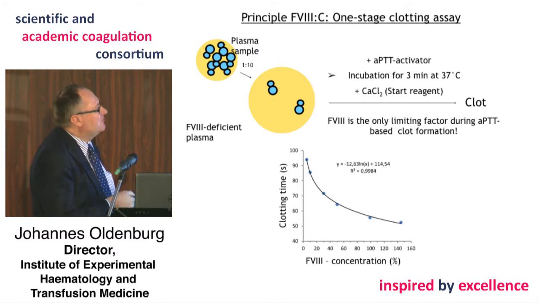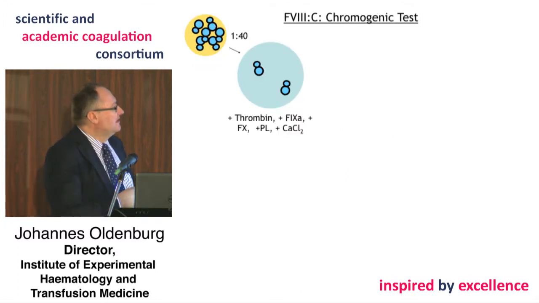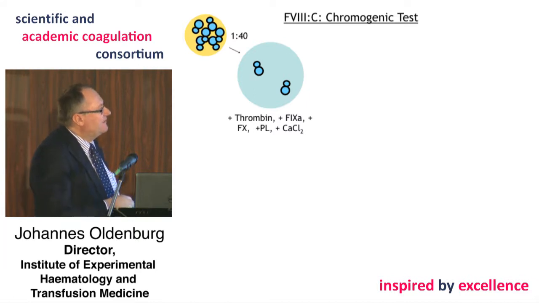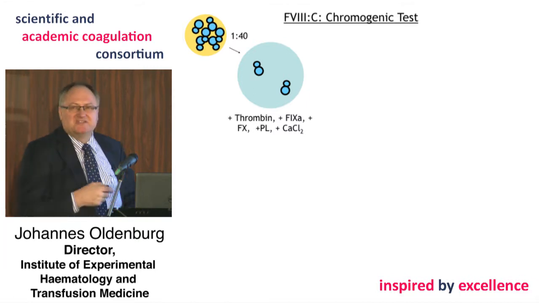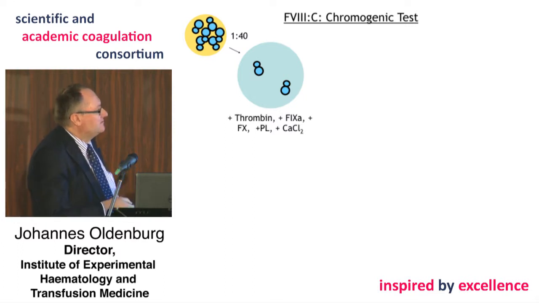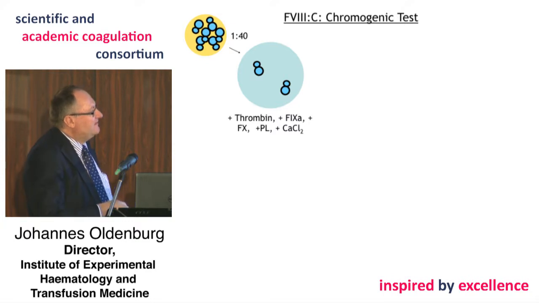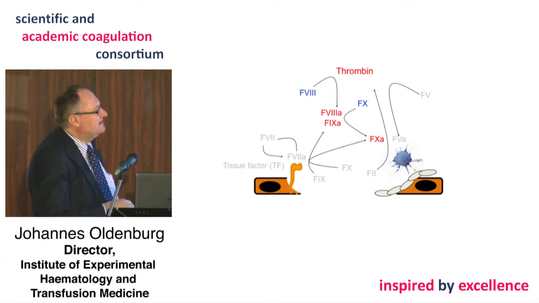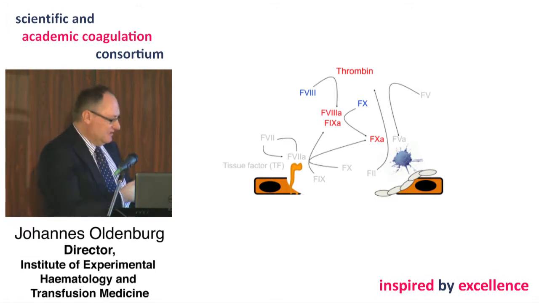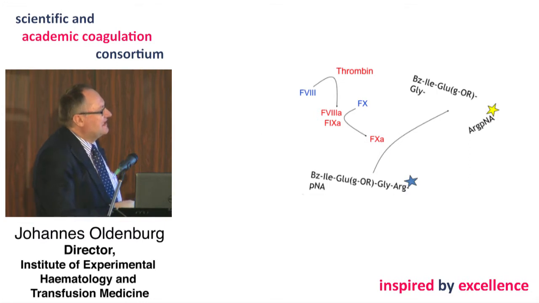In the chromogenic assay, we have a much stronger dilution. It is about 1 to 40, and we have only very selected components in this assay. So these components are thrombin, which activates factor VIII. We have activated factor IX and factor X, and the result is an activated factor X, so factor Xa generation. And in the second step, a substrate is given to this reaction, and light extinction can be measured.